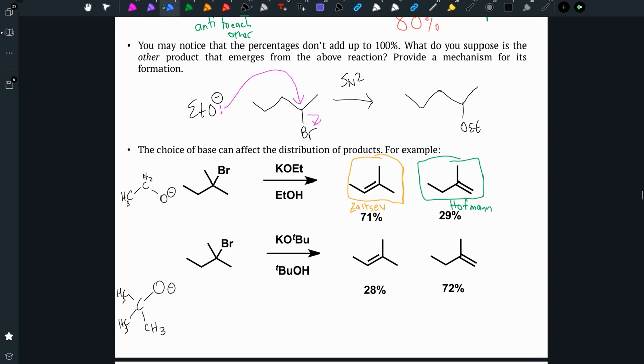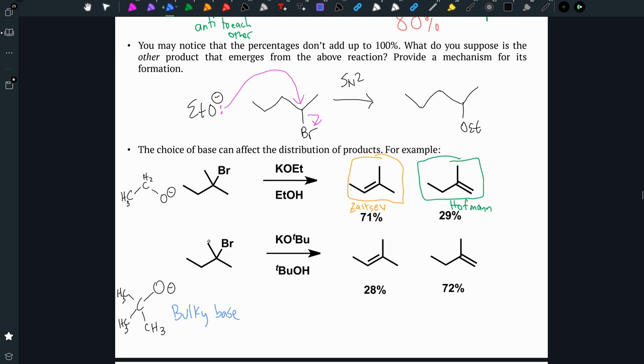The fact that this is bigger and bulkier means that it's going to have a harder time getting to protons that are more on the interior of the molecule.